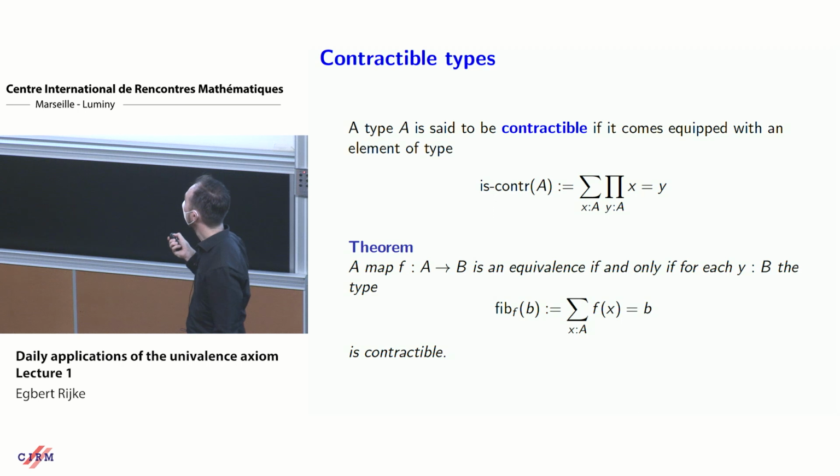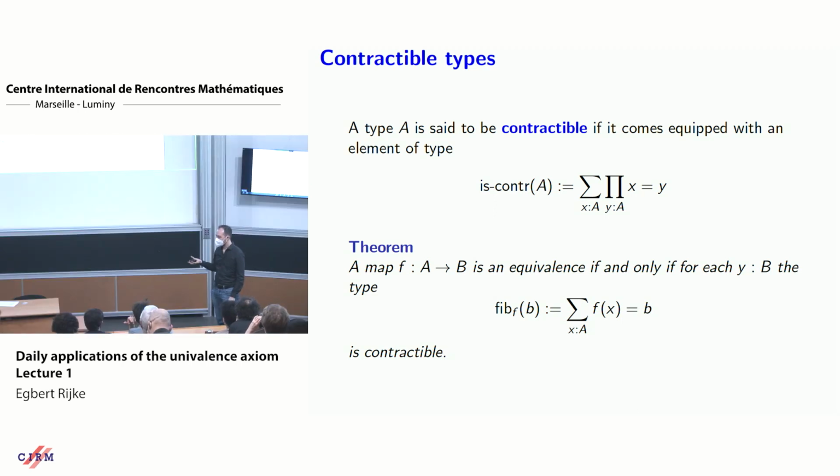Whereas being an equivalence is more like the categorical idea of being an isomorphism. It has a left inverse and a right inverse. So we just make the distinction to make these inverses separate, but other than that, it's kind of a categorical idea. And of course, in set theory, you can prove that a function has a left inverse and a right inverse if and only if it's a bijection.